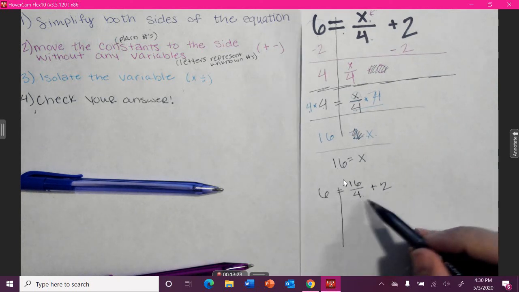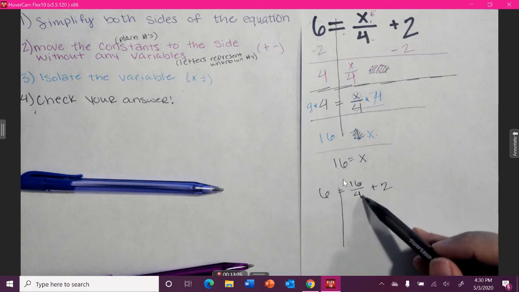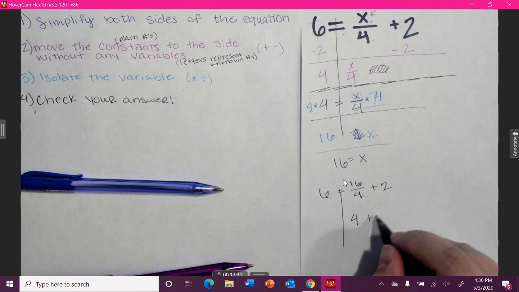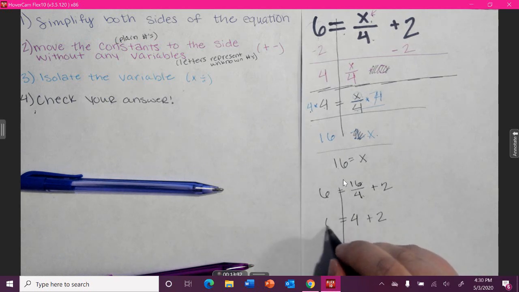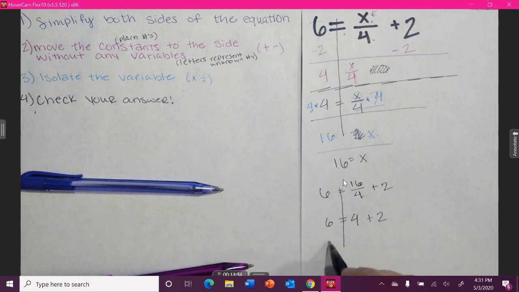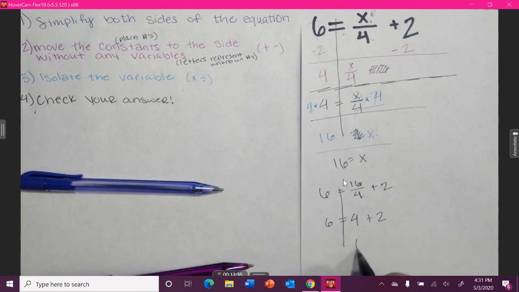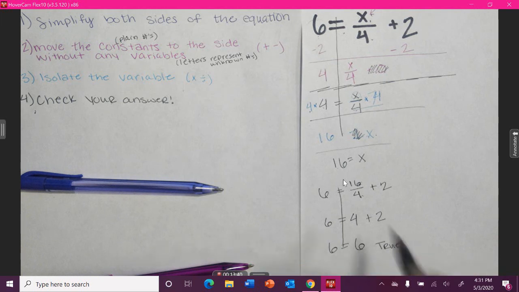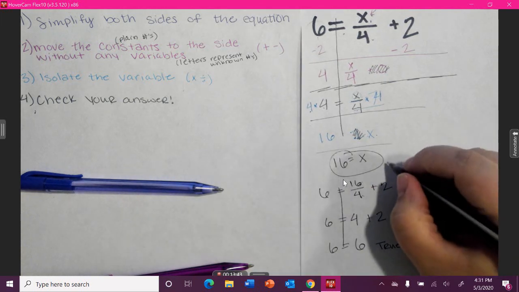That happens before we add or subtract. This is division. 16 divided by 4 is 4, plus 2, and that should equal 6. Well, 4 plus 2 is 6. So 6 is equal to 6, and that's true, which means our answer was correct.